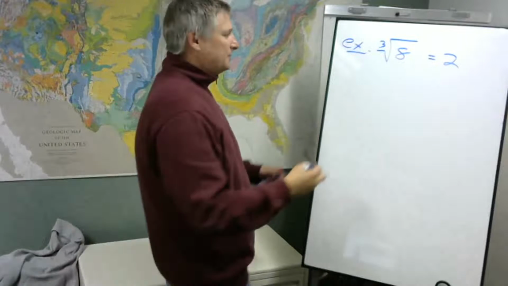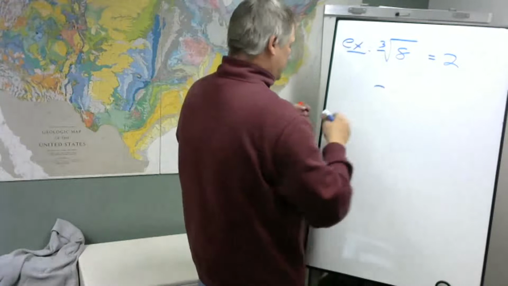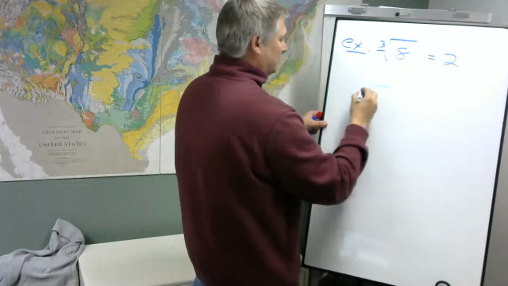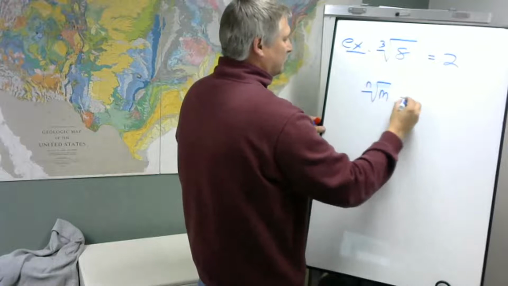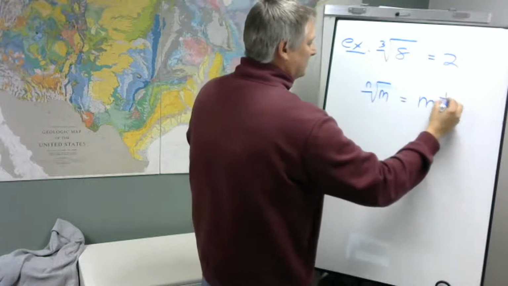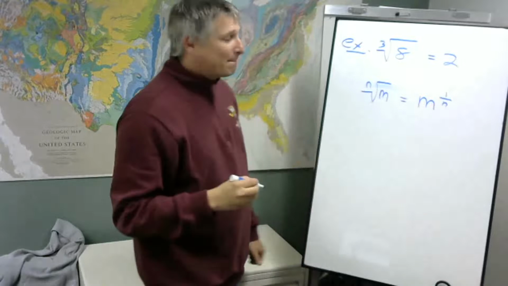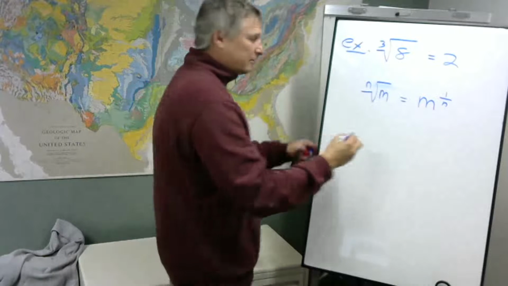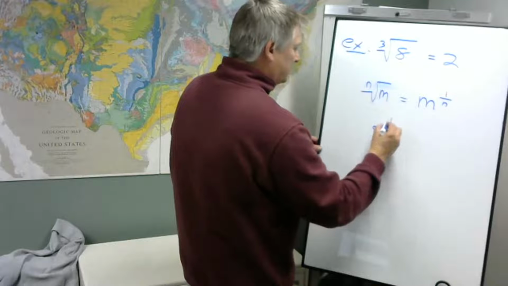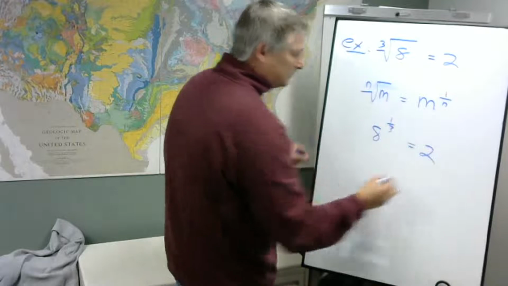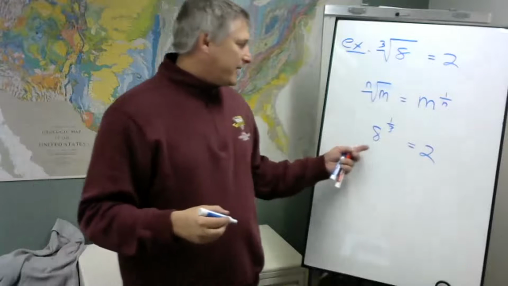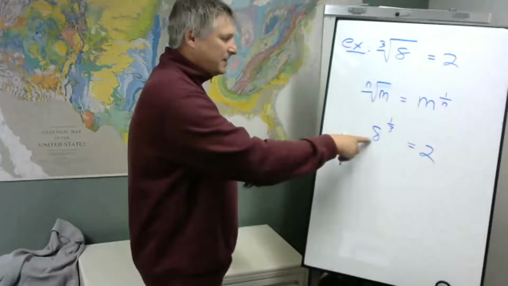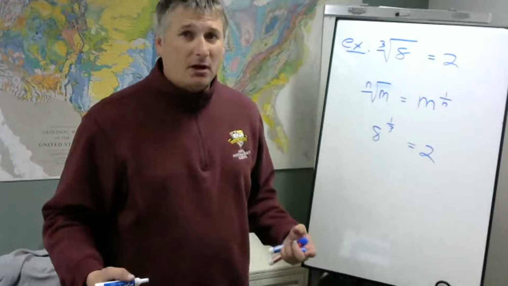Now, cube root, what this means, and just to recall, the nth root of some number m is m to the 1 over n. So here we would have 8 to the 1 over 3 is equal to 2. So with logarithm, we're still going to have a base of 8. The base of the exponent will also be the base of the logarithm.